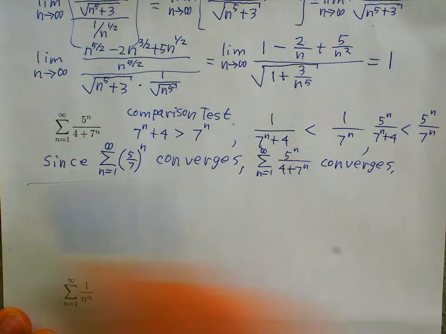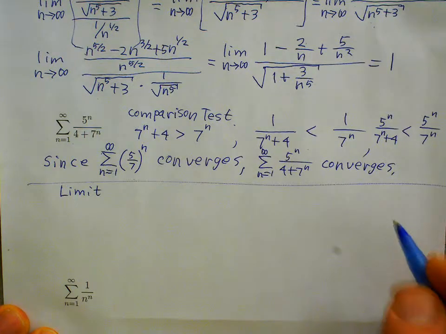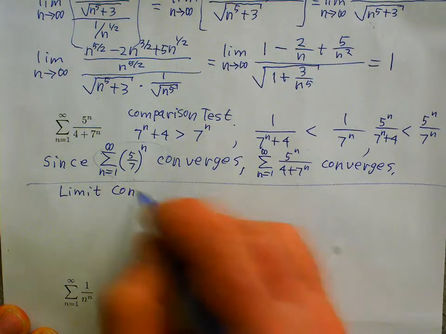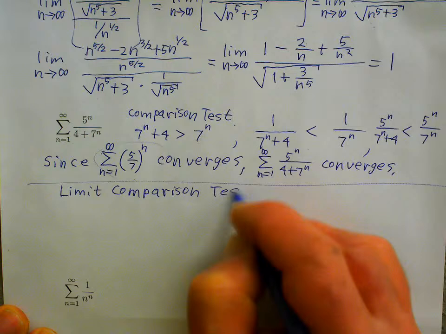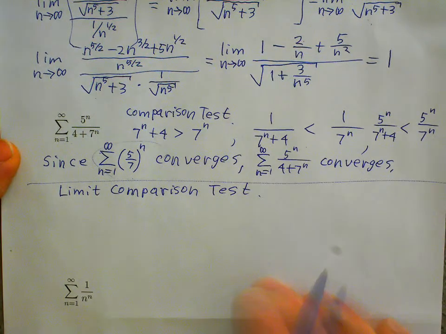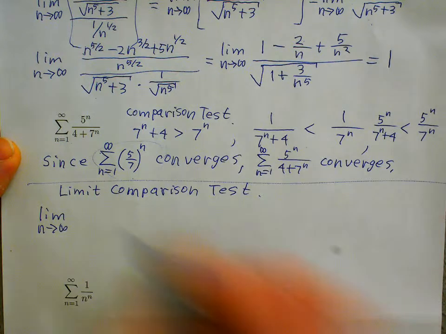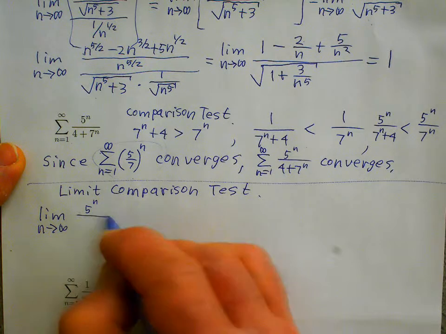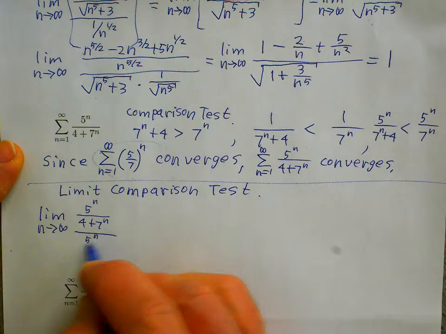Well, if you prefer the limit comparison test, not a problem. For the limit comparison test, we'll compare it to the same series. So we compute the limit as n approaches infinity of the terms from the original series, 5 to the n over 4 plus 7 to the n, divided by 5 to the n over 7 to the n.